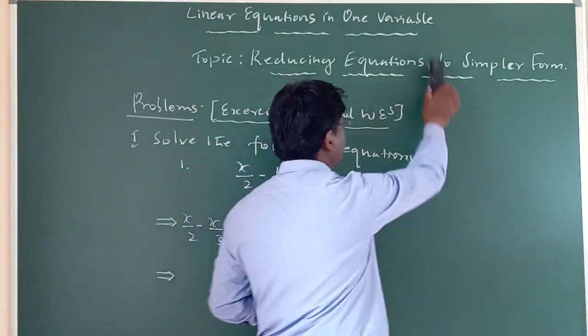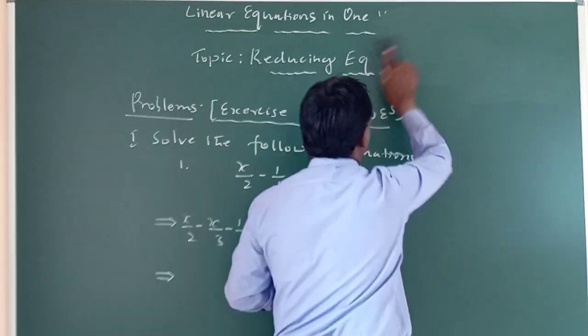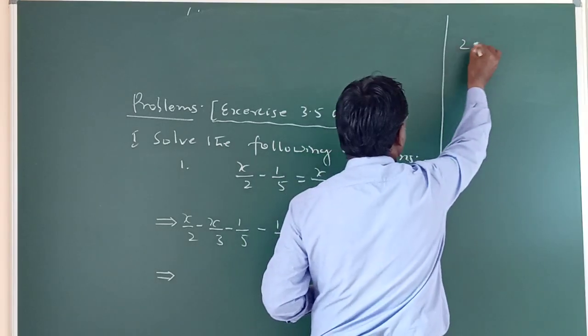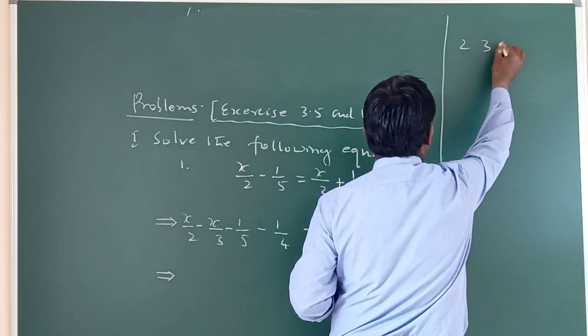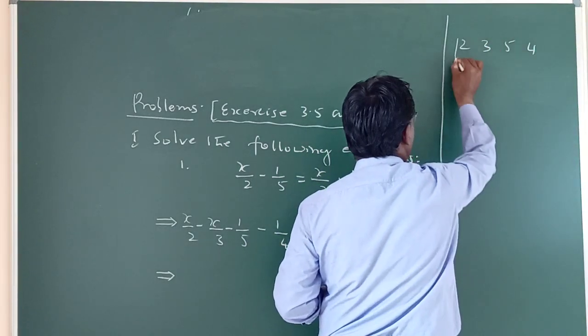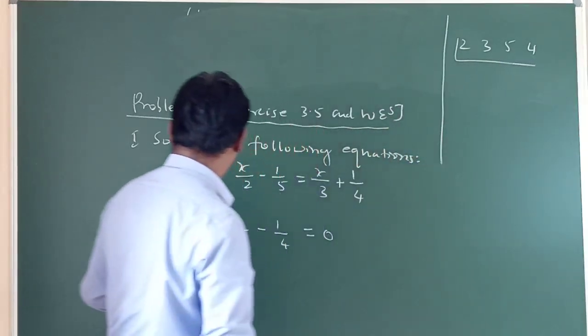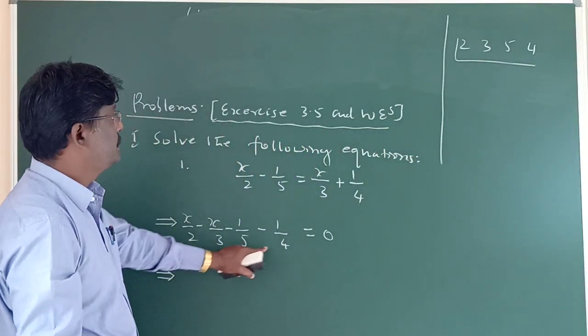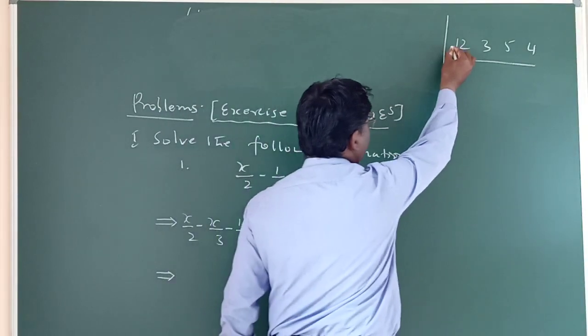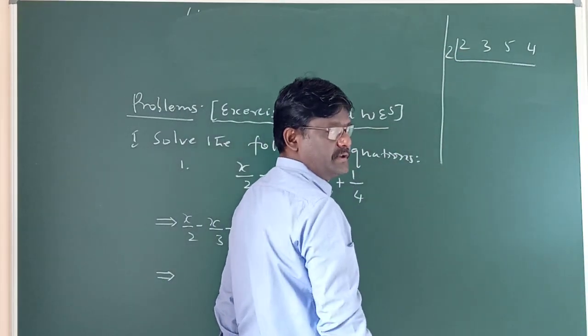LCM of 2, 3, 5, 4, the LCM of the denominators. How to find out the LCM?